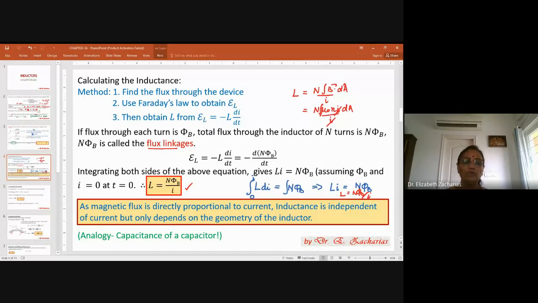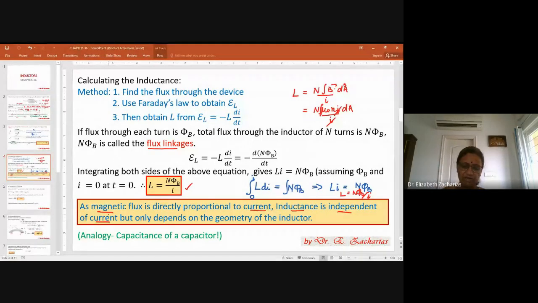You come to a very important conclusion: since the magnetic flux is proportional to current, the current in the numerator and denominator will cancel out. Therefore, the inductance of an inductor is independent of the current.